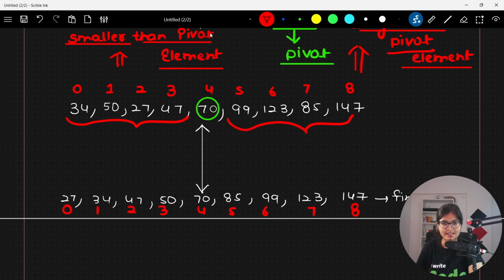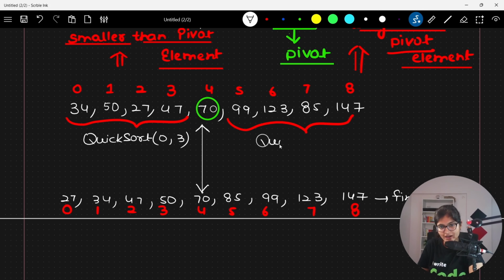Now what will happen is that you will apply the same quicksort process. Suppose there is a quicksort function; there will be a recursive call on the indices from 0 to 3, and on the right side again a recursive call from 5 to 8, because this fourth index is at its own position. 70 is fine now.